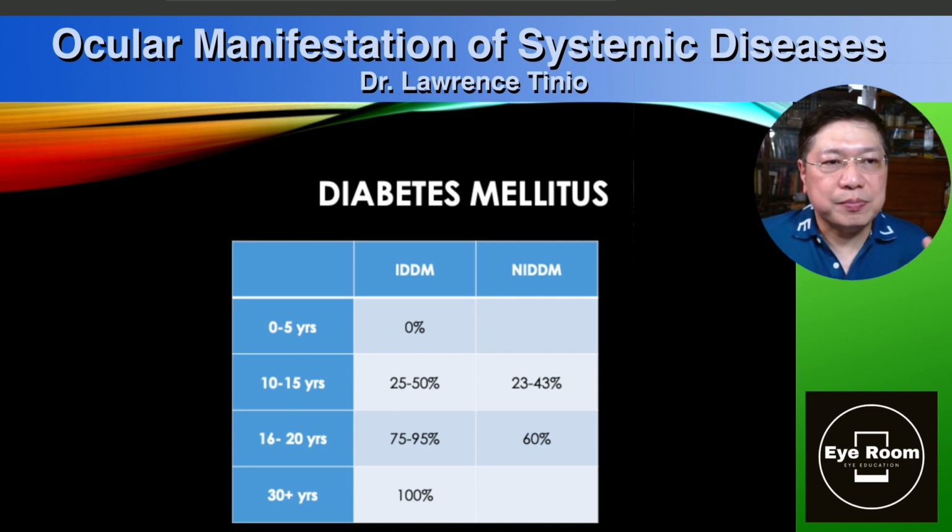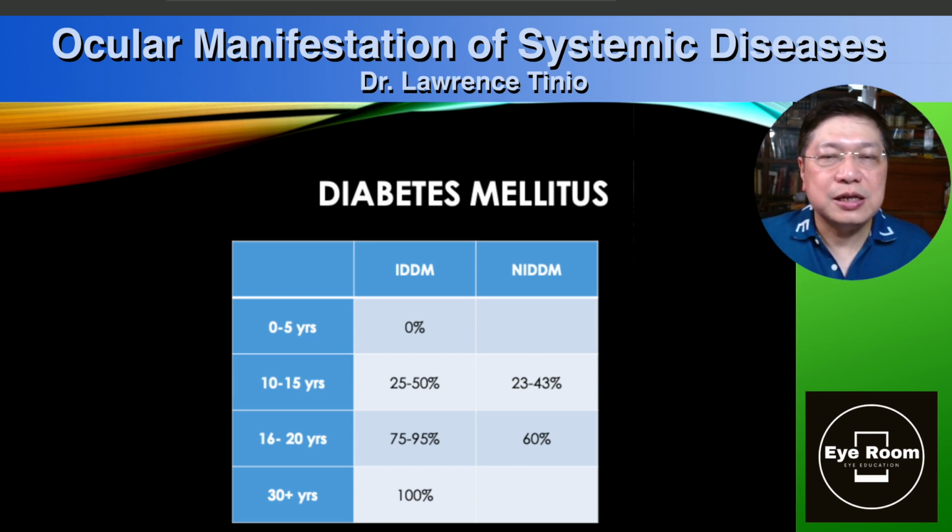Usually, by the time you hit 5 years, you should start screening already. At 10 to 15 years, from one fourth to about half of all diabetic insulin users will start to get the diabetic retinopathies. And by the time you have 30 years of using insulin, you will have a 100% chance of having diabetic retinopathy.